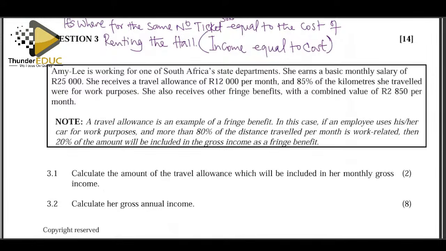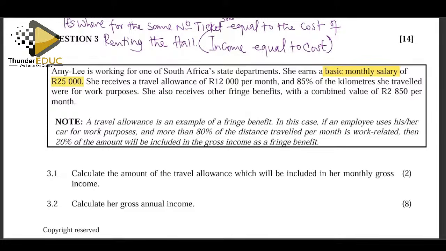Amelie is working for one of South Africa's state departments. She earns a basic salary of, take note of that, highlight that, 25,000. They never told us it's per month, okay? Oh, yeah, basic monthly salary of 25,000. So it's monthly.